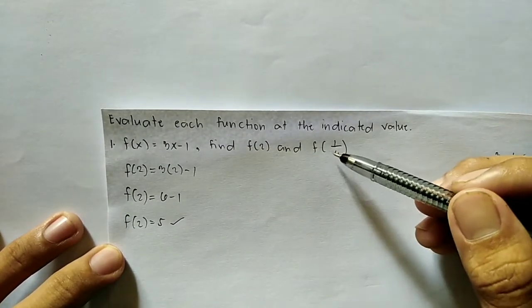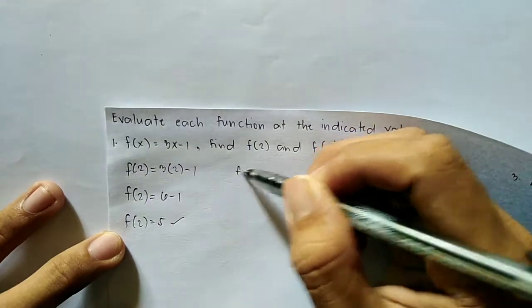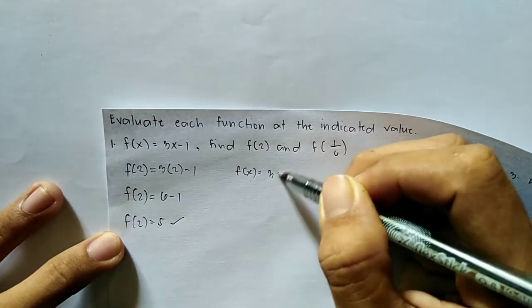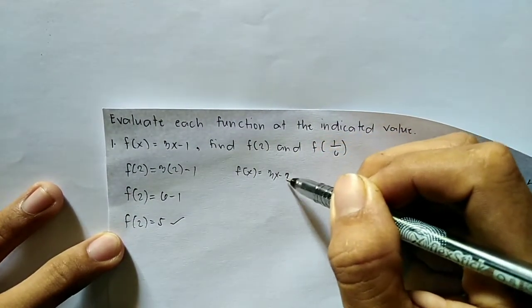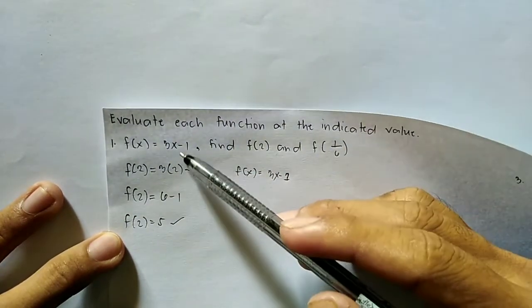Next, how do we evaluate the function if the value of x is 1/6? We rewrite the function again to avoid confusion. We have f of x equals 3x minus 1, the given function.